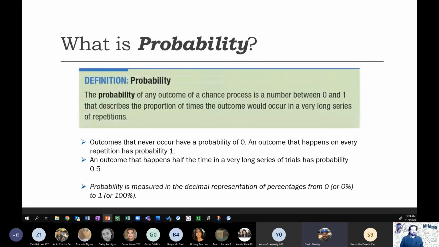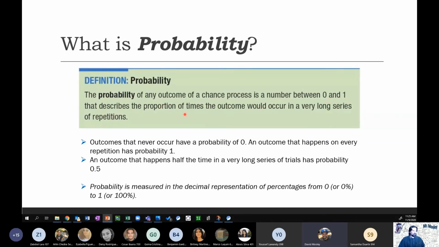This is the actual definition of probability from the textbook. The probability of any outcome of a chance process is a number between 0 and 1, just like the area under a density curve is 1. We don't use 100%, we just say 1 to represent the whole thing. We do the same thing with probability.